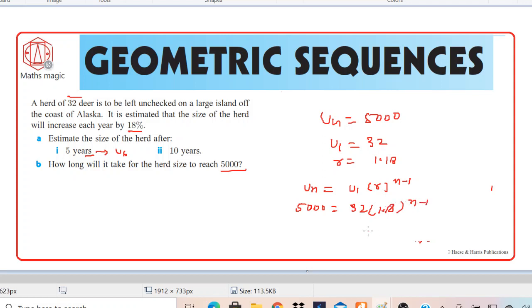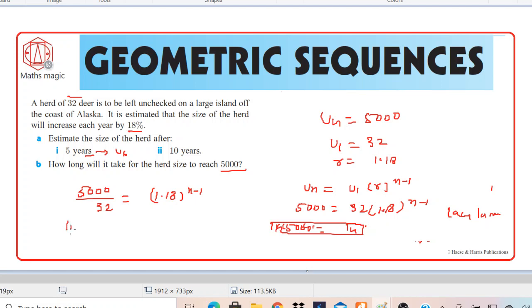You have to use log to solve this equation, and you know how to use log. Before we take log, we can shift 32 to the other side, so it will be simpler. So let's write 5000 upon 32 is equal to 1.18 to the power n minus 1.